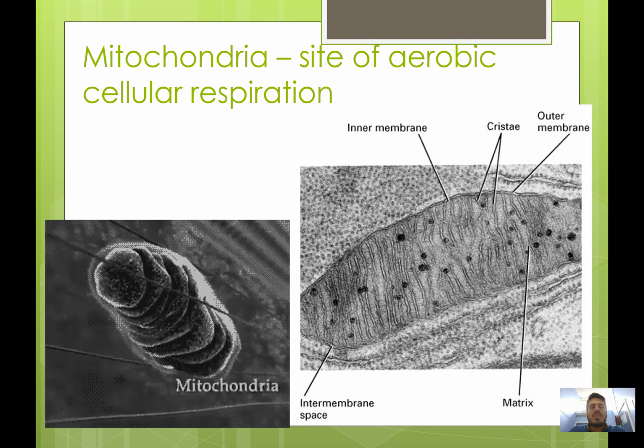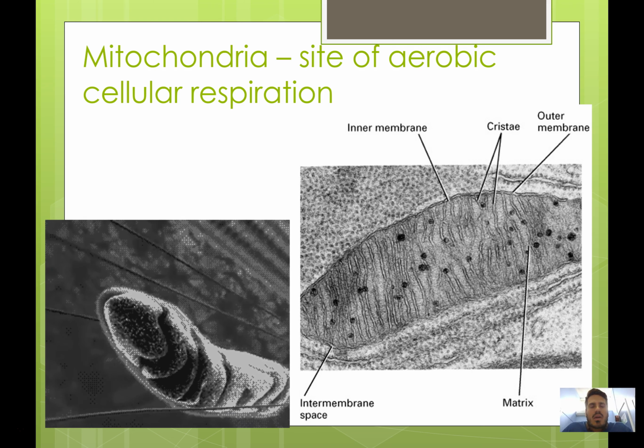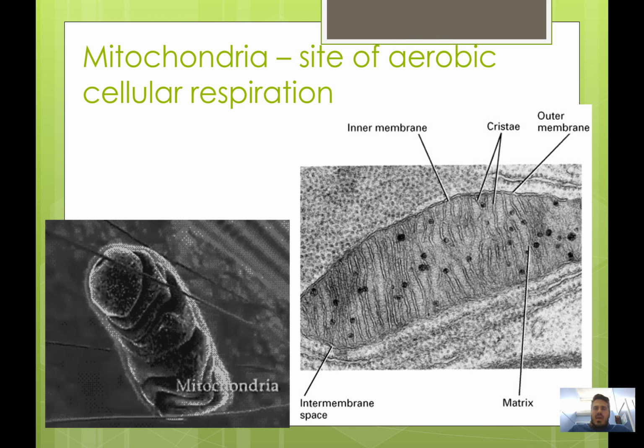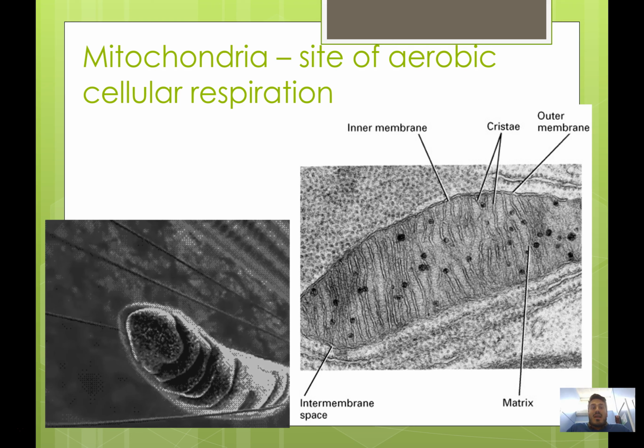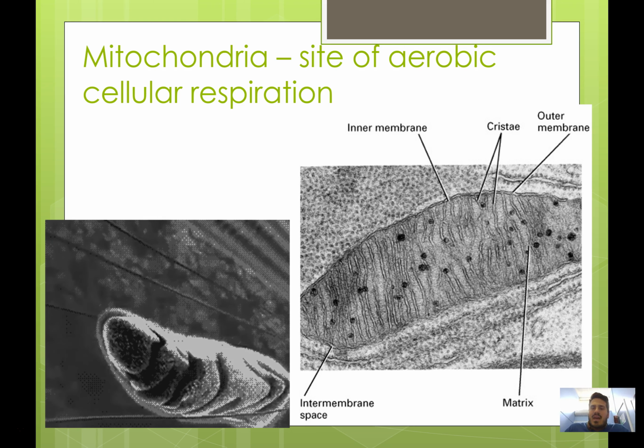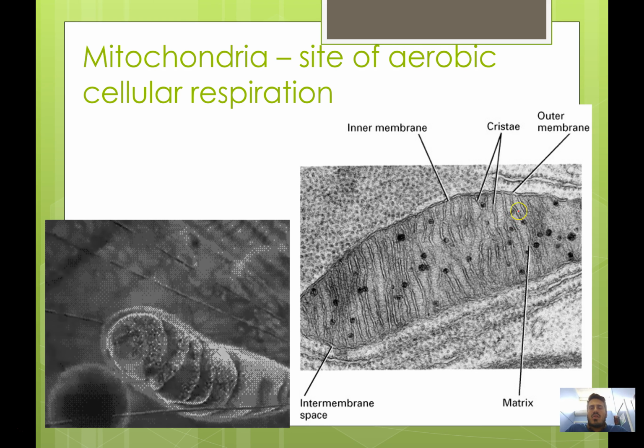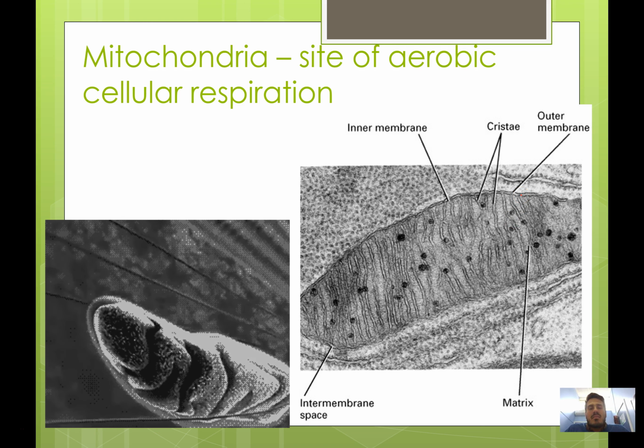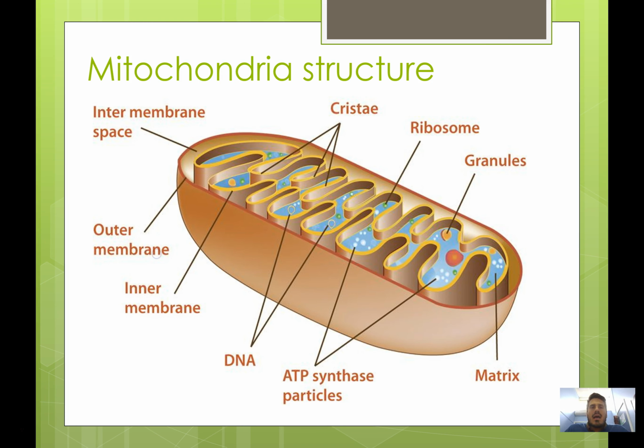So let's have a look at these mitochondria again. Here we have a couple of electron micrograph images of mitochondria, pretty cool. The mitochondria, you should know, is a membrane-bound organelle, and it actually has 2 membranes, the outer membrane and the inner membrane, just like a chloroplast.